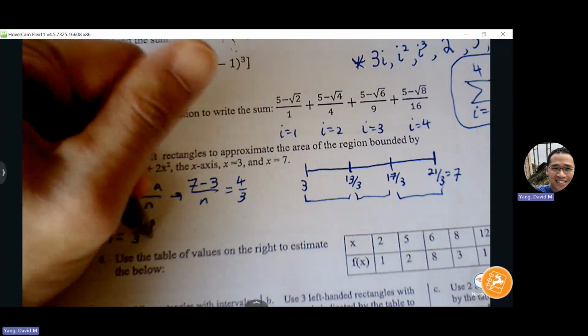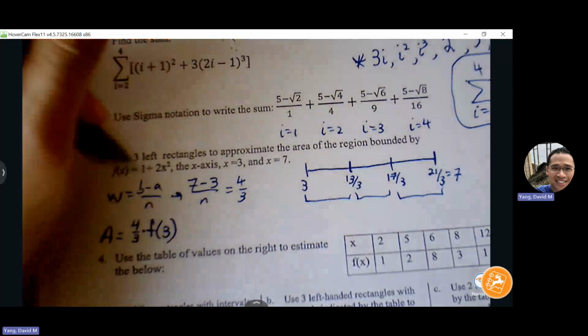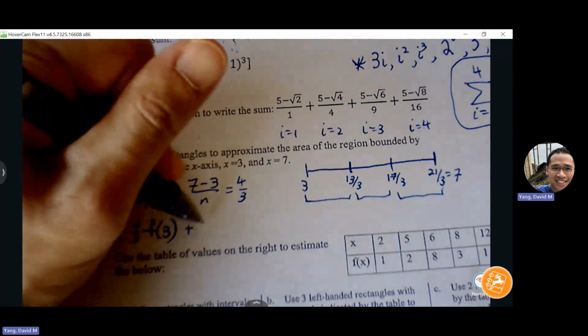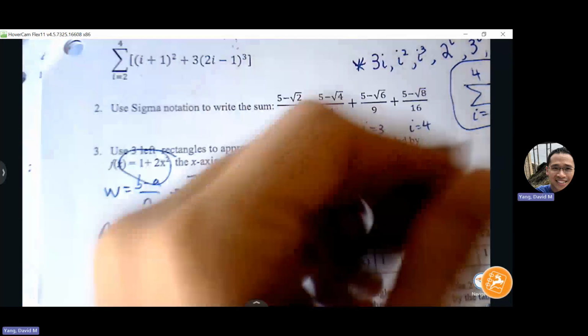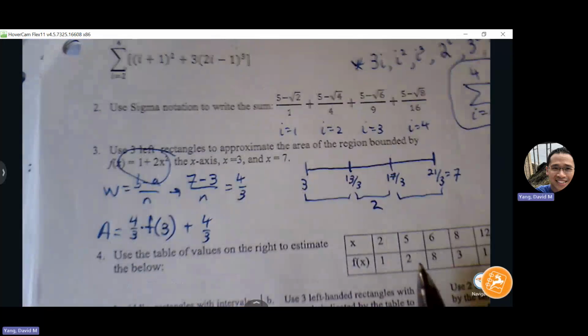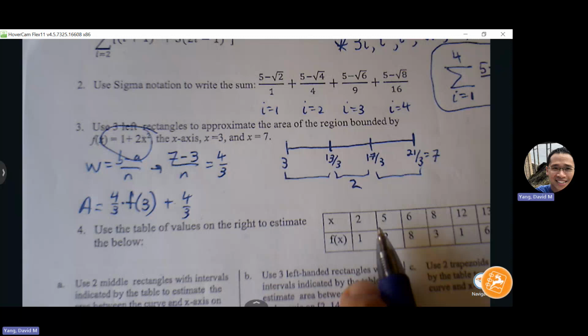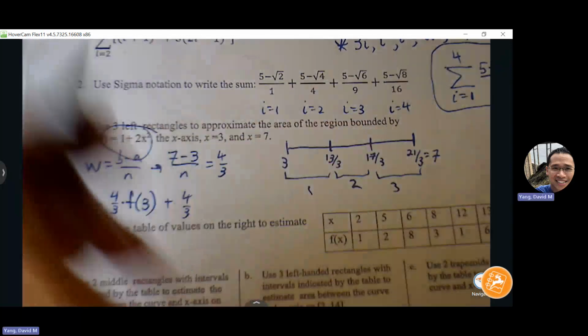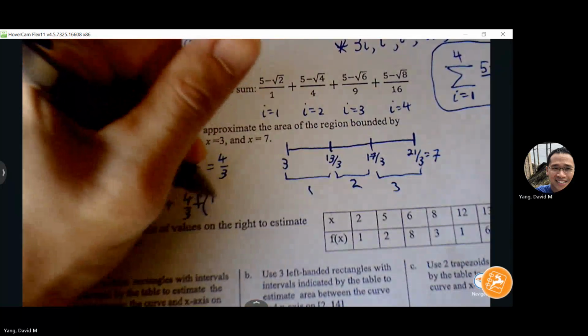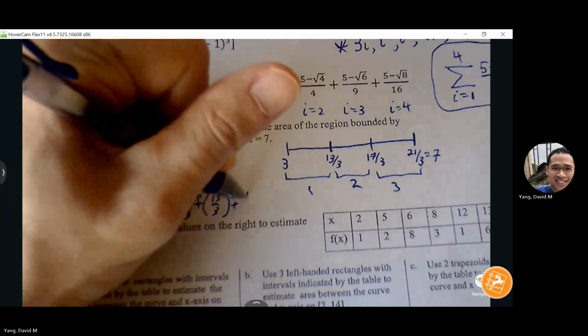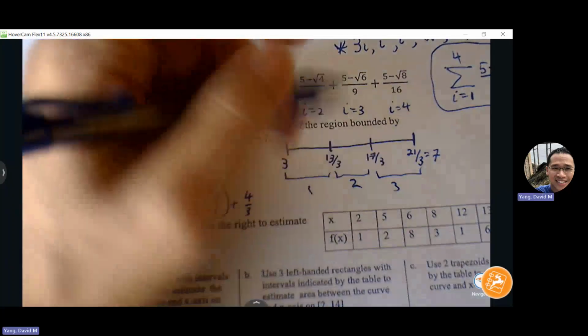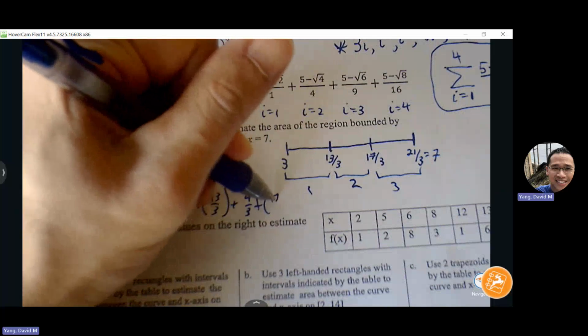Right, 3 would just be the x value. I still have to plug this into the function to get the height. Plus 4/3 times what's the left height of the second rectangle? f of 13. And then the third one will be f of 17.